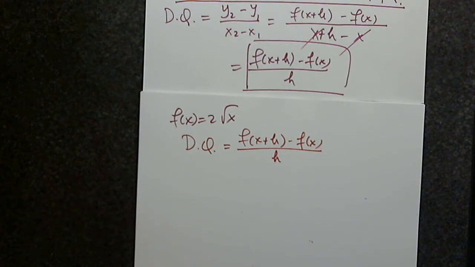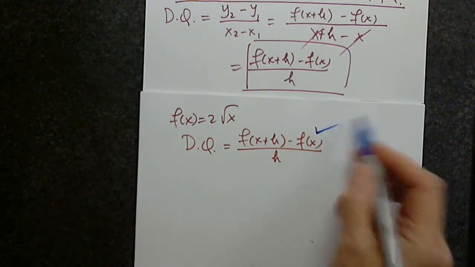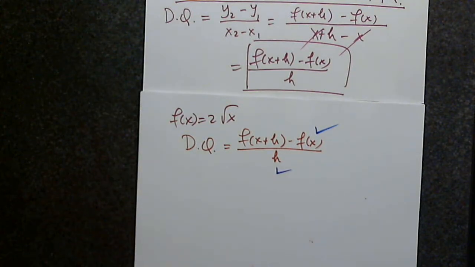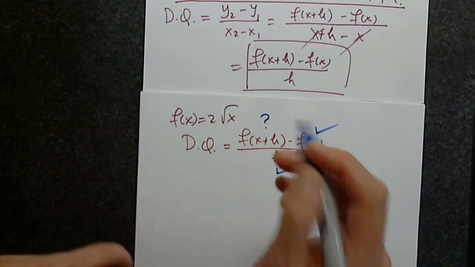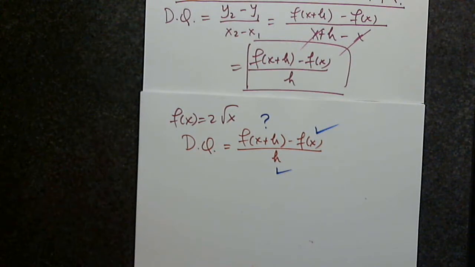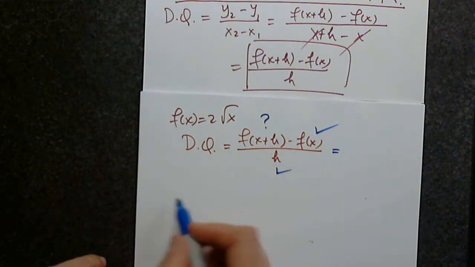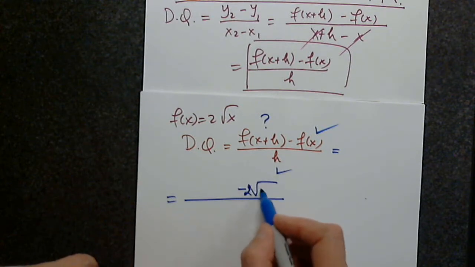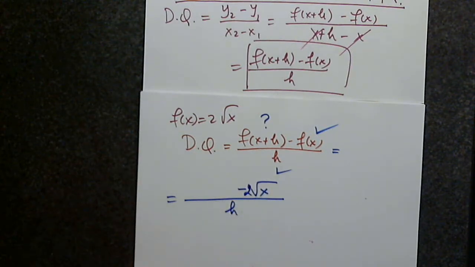So what do I have and what don't I have so far? You have f of x. Indeed. I have h because I can't do anything, it's just a little bit. But this is the only quantity that I don't have, but it's okay. I can get it. So what is f of x plus h?